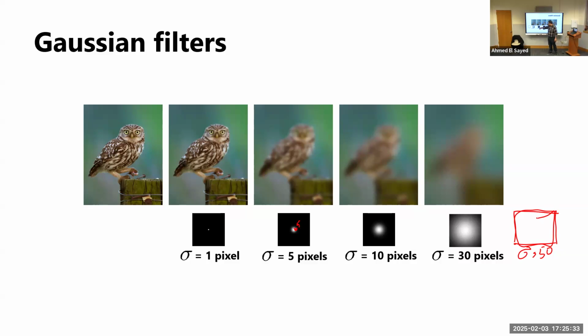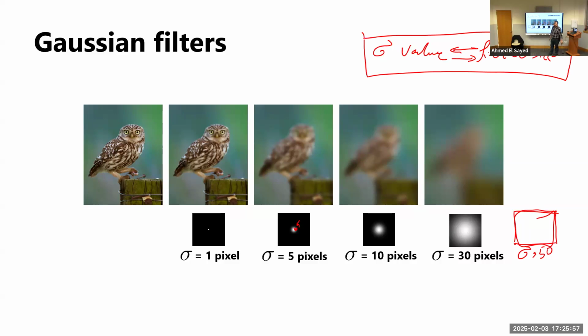So there is a relation between the sigma value and the filter size. Those are related to each other. Within some specific filter size, you need to choose the appropriate sigma for that. We will come to visit this point again when we discuss feature extraction.